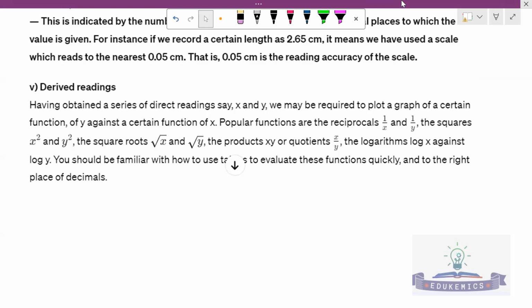Sometimes we have a direct reading, say X and Y. The derived readings may be the inverse of X and Y, the square of X and Y, the square root of X and Y, or dividing both of them. Or getting the logarithm of those, or the exponential of those are derived readings.